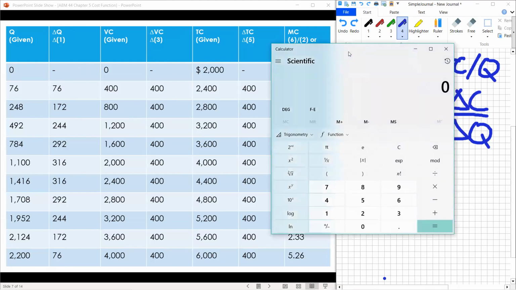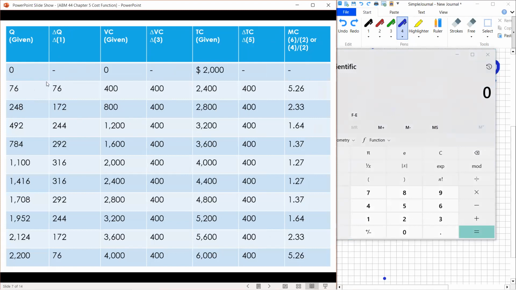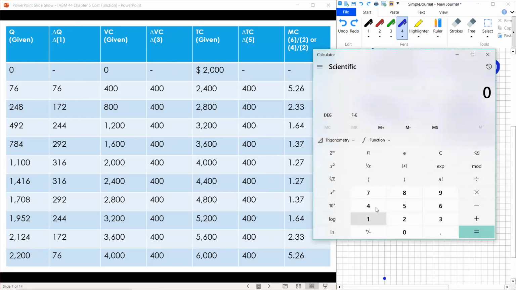So let's have number 1 for example. Number 1 at quantity of 76. So let's focus on the givens. That would be 76 minus 0, so that would be 76.